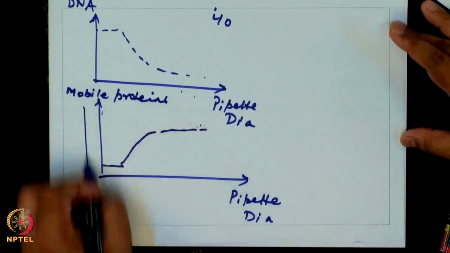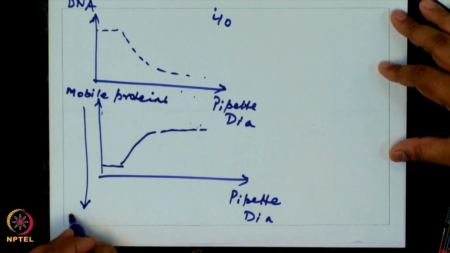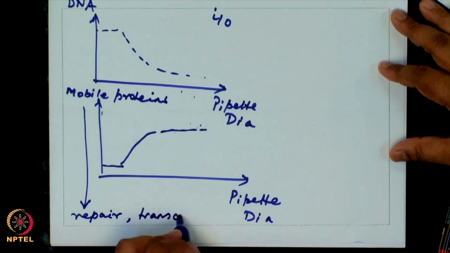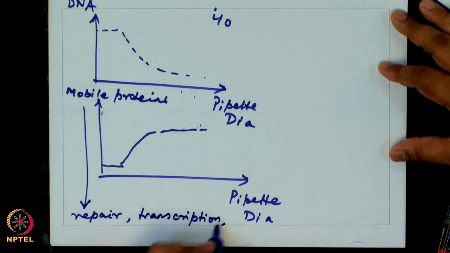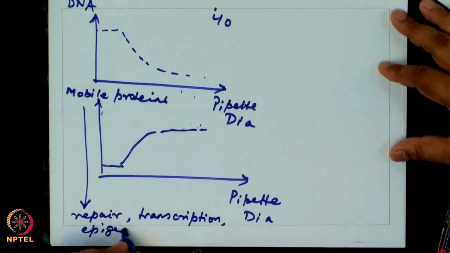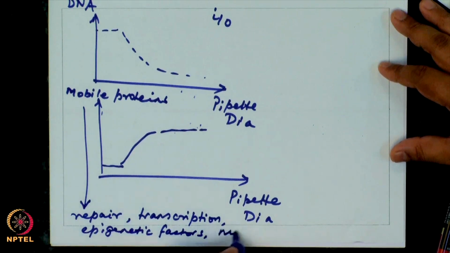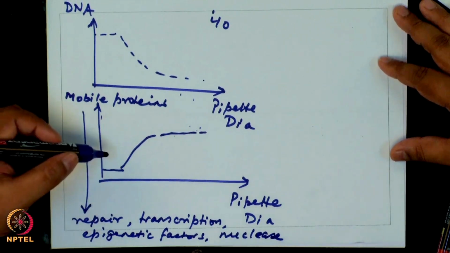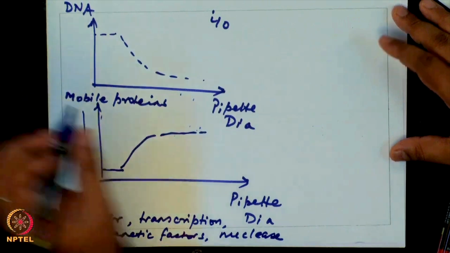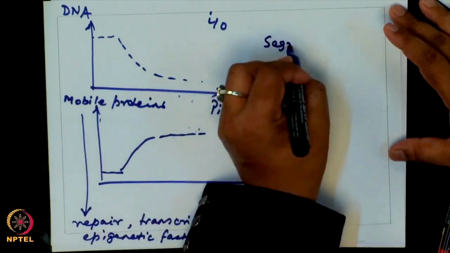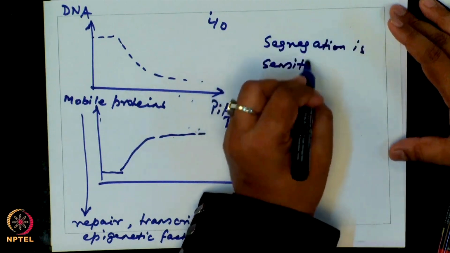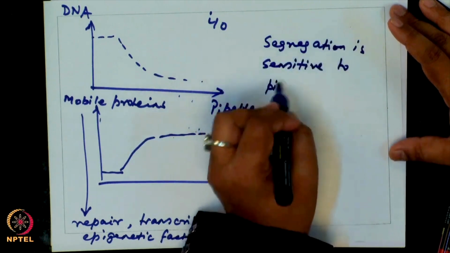When they considered the mobile proteins, they had repair proteins, repair factors, transcription associated proteins, transcription factors, epigenetic factors, as well as nuclease. For all of these, they find that there is segregation, and this segregation is sensitive to pipette diameter.